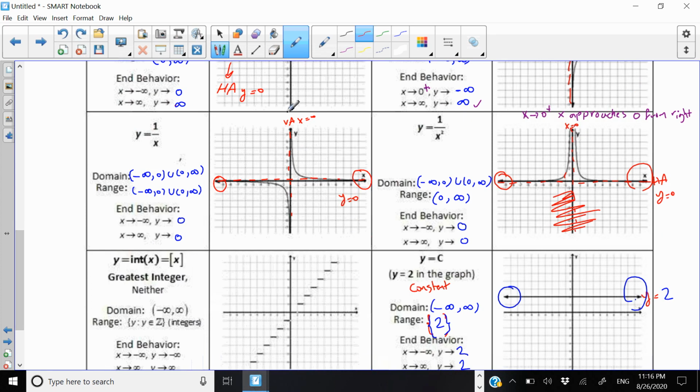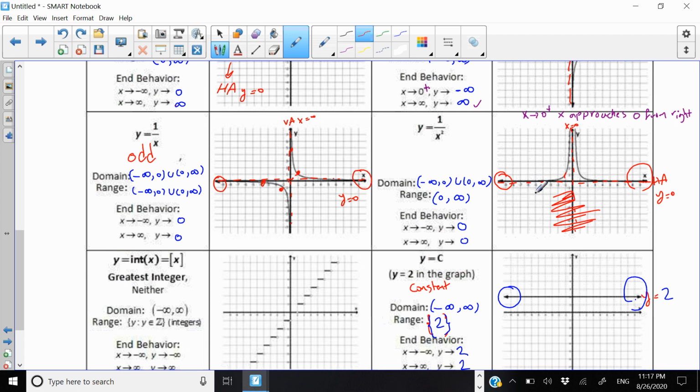Is this symmetry to the y-axis? No, because anything on the right side does not have a mirror on the left side, so it's not even. But is this symmetry to the origin? Yes. Any point here has a symmetry on the other side. Like this one has a symmetry here. This one has a symmetry here. So this one is an odd function.